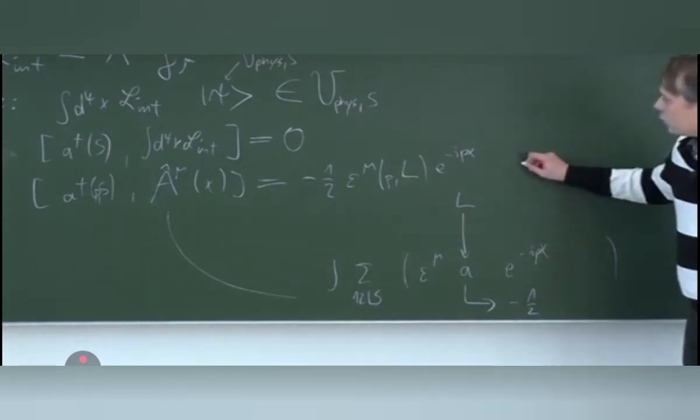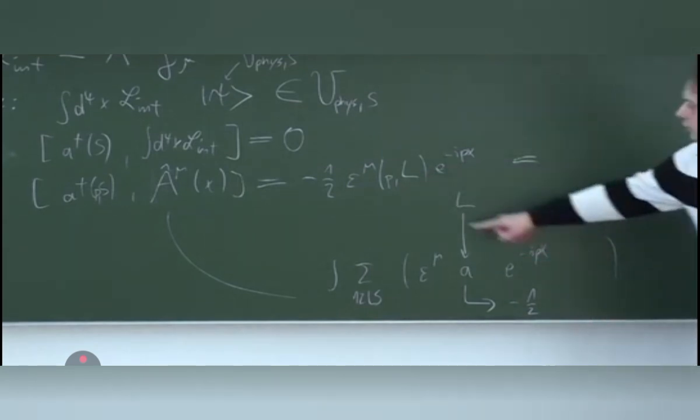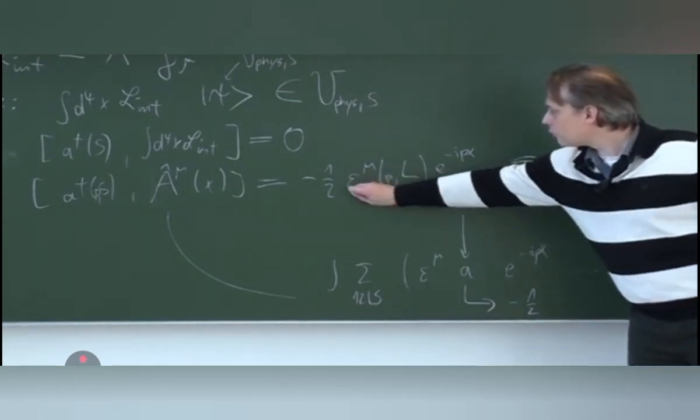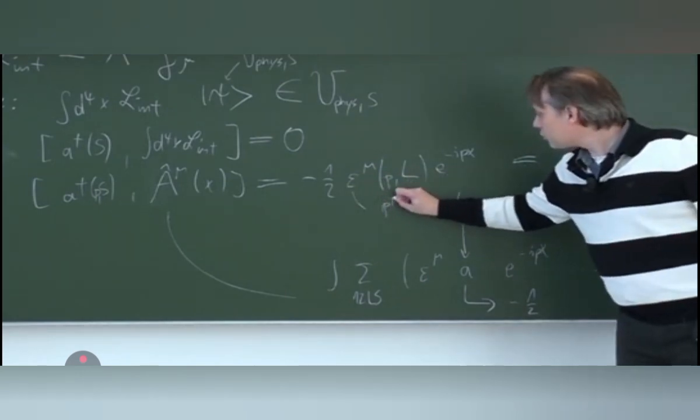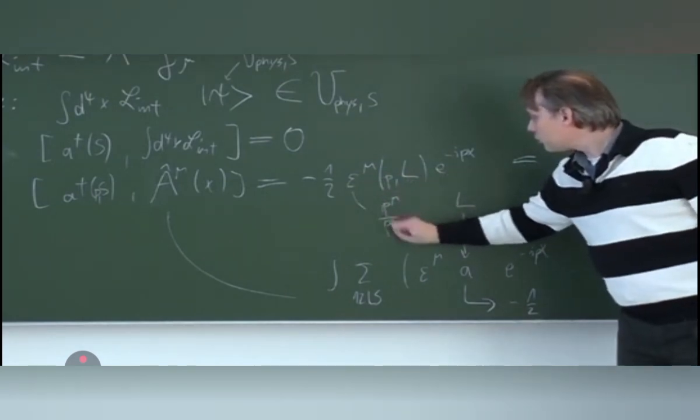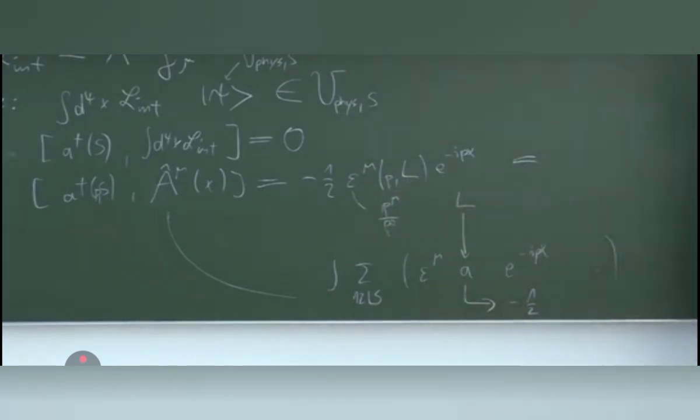And so now, what is actually the value of this result? So the epsilon_mu for longitudinal polarization is of course the momentum p_mu divided by the energy p_0. And so therefore we can again write the whole thing as a derivative ∂_mu acting on something.